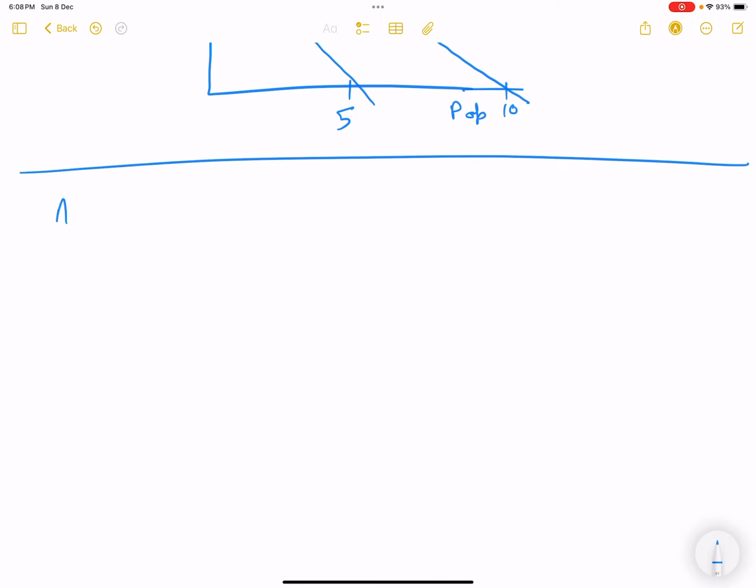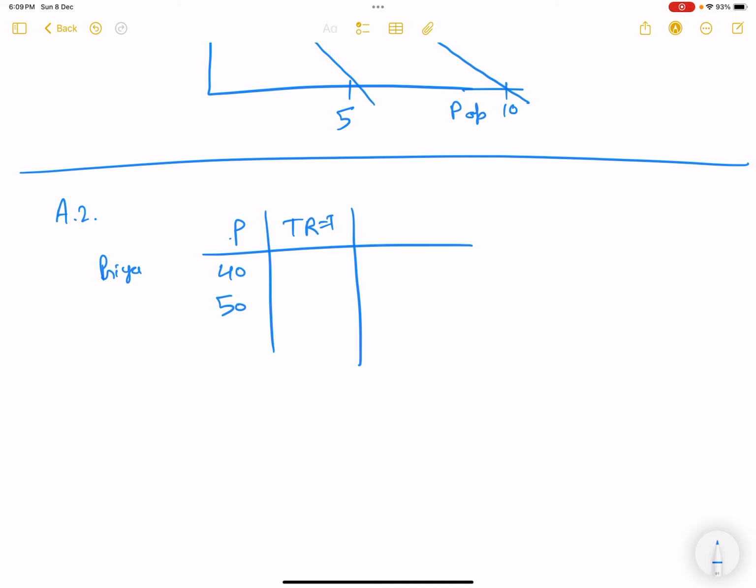Solving the second question. Suppose we are talking about Priya first. The prices are 40 and then 50, and corresponding to that the total revenue or the total expenditure.